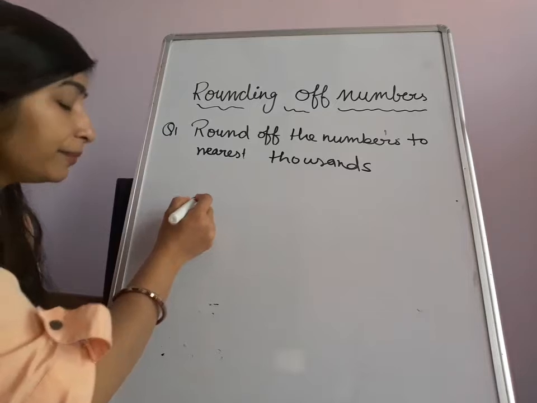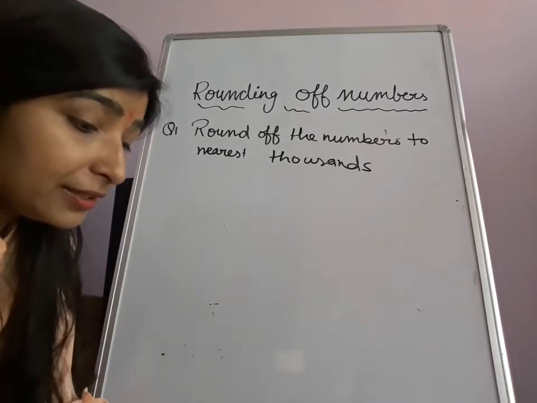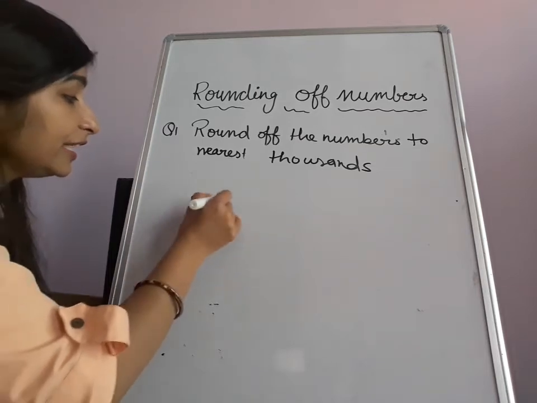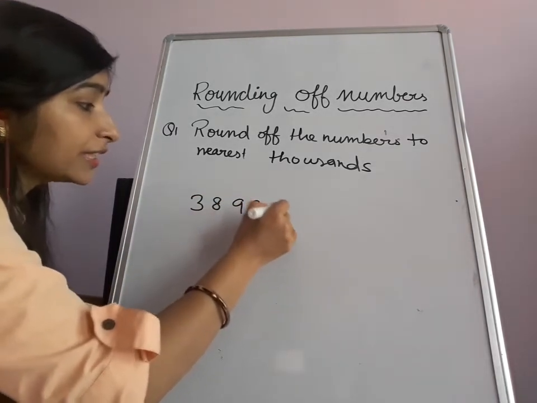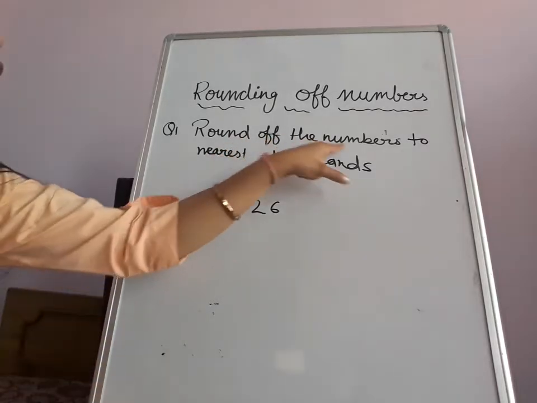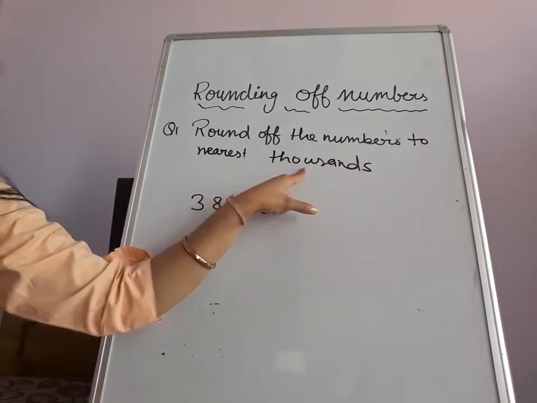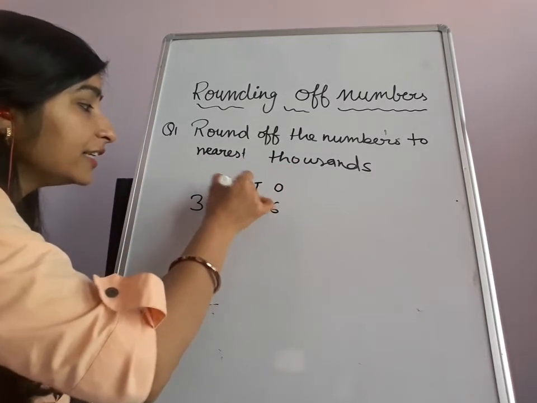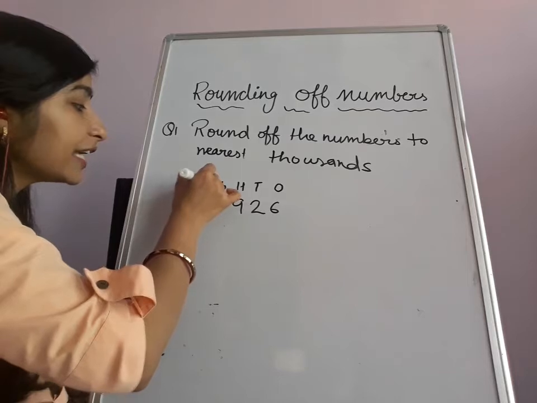Okay, now I am taking a number, 38926. I have to round off the number to the nearest 1000. So first I will write the place value chart: ones, tens, 100, 1000 and this is 10,000.